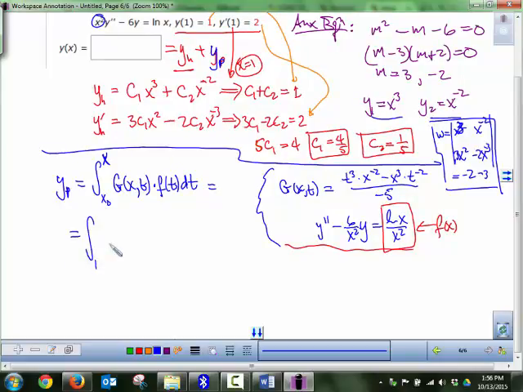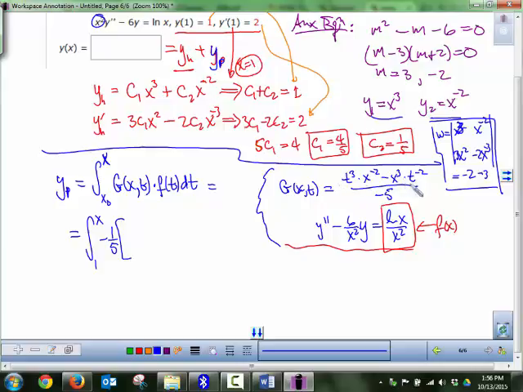Our x naught is 1. That's our initial condition. Our x is that. I have a negative 1/5. Let's write it separately, negative 1/5. We'll take that out in a minute.